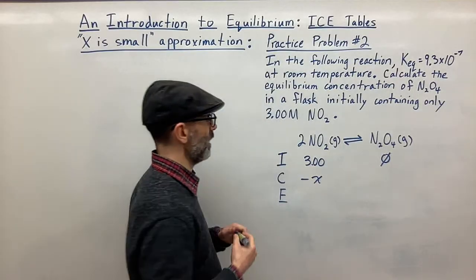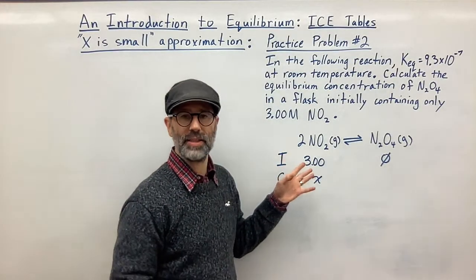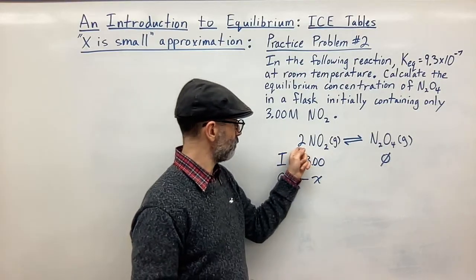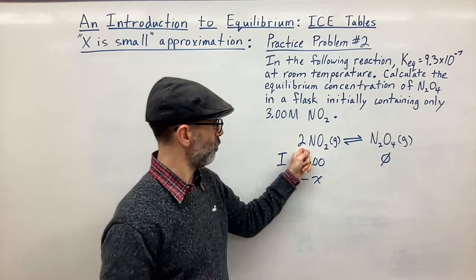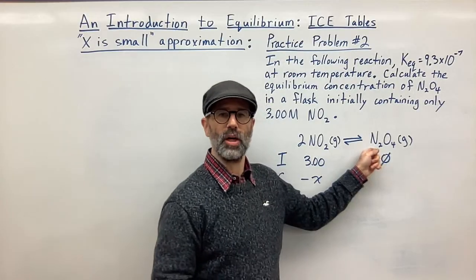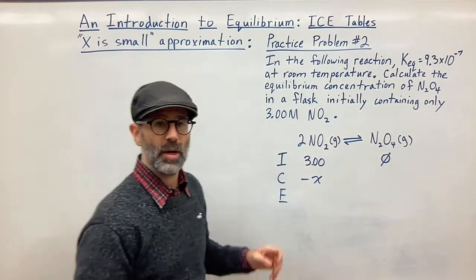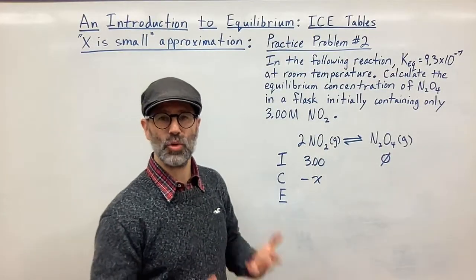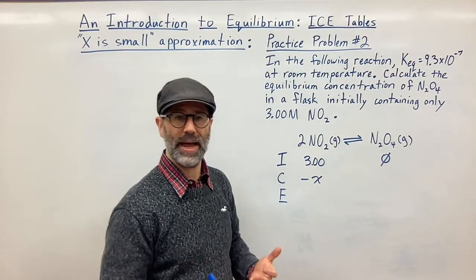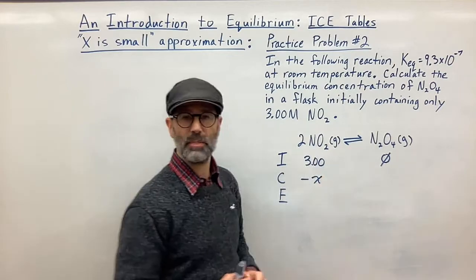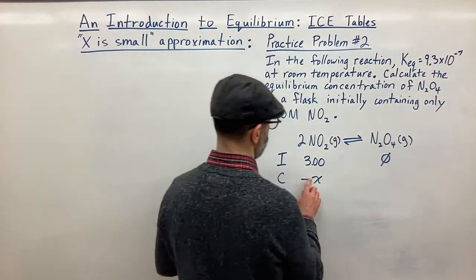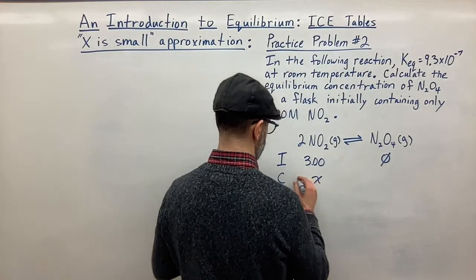Now, one thing I want to point out, which I mentioned in my last video: notice that 2 moles of NO2 produce 1 mole of N2O4. Because of the coefficients, we need to use the same stoichiometric amounts as in the balanced equation. So this isn't going to be minus X, it's going to be minus 2X.